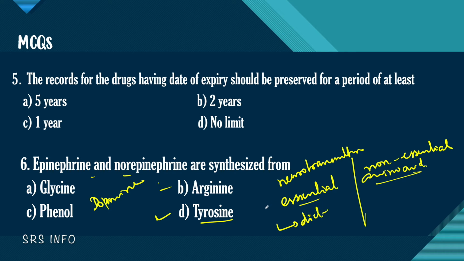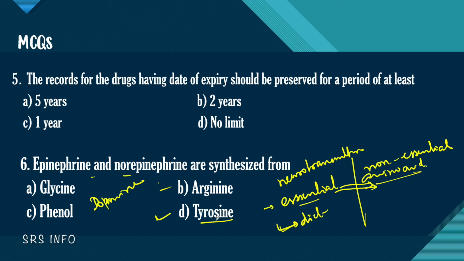Non-essential amino acids are produced by our body itself using other essential amino acids, and they are not supplied by food. The essential amino acids are supplied by diet. This is the main difference between essential and non-essential amino acids.